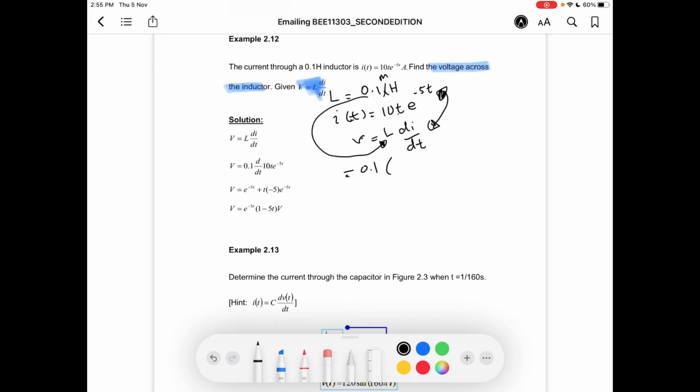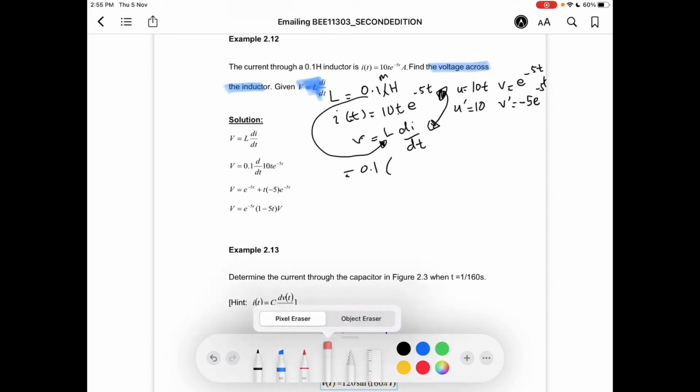When you differentiate it, you need to do it step by step. For 10t times e to the negative 5t, you need to apply the product rule. One function is u, which is 10t, and v is e to the negative 5t. I use u prime and v prime, because I'm using the product rule. So u prime is 10, and v prime is negative 5 e to the negative 5t.